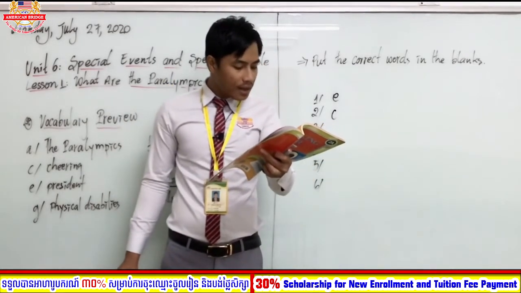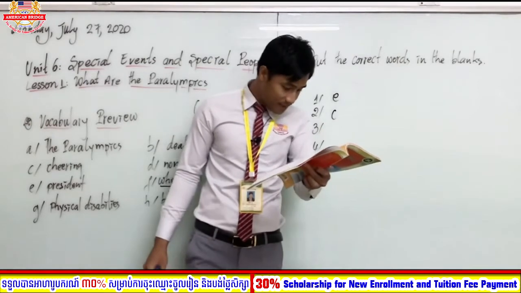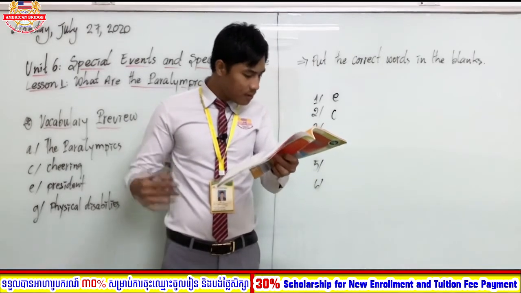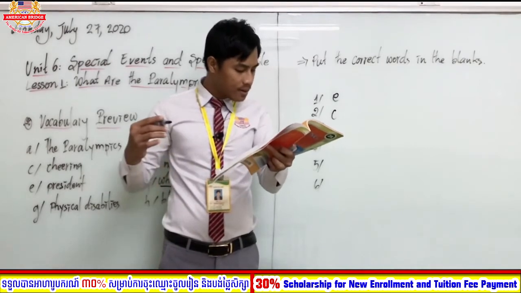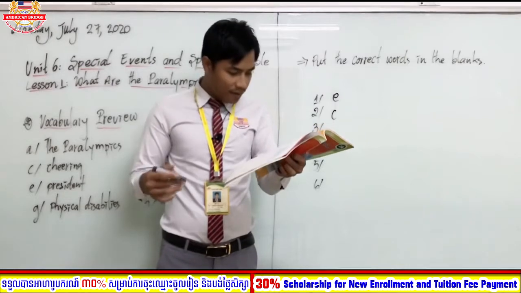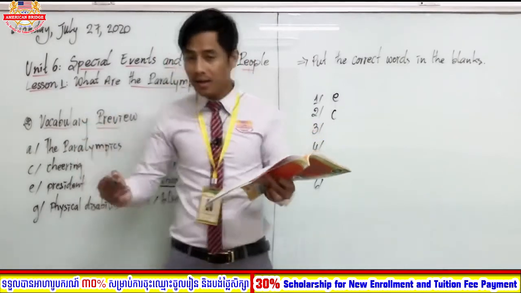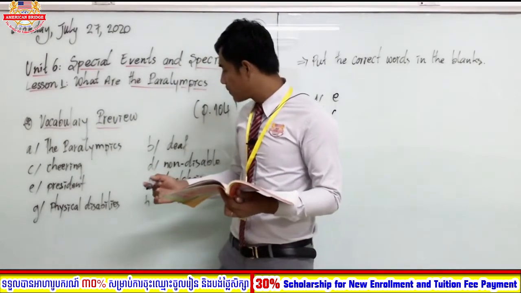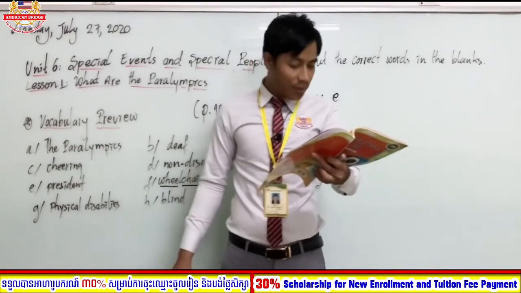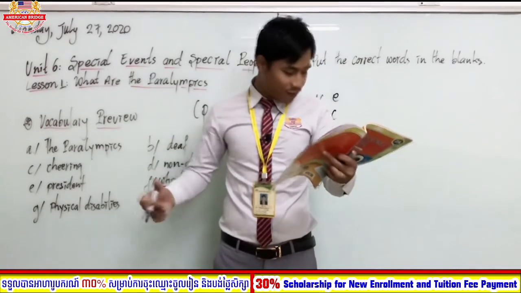3. He cannot walk. He cannot walk by himself. Okay. A lot of people who have a physical disability use a what? Okay. So you know that if we talk about the people who cannot walk, right?